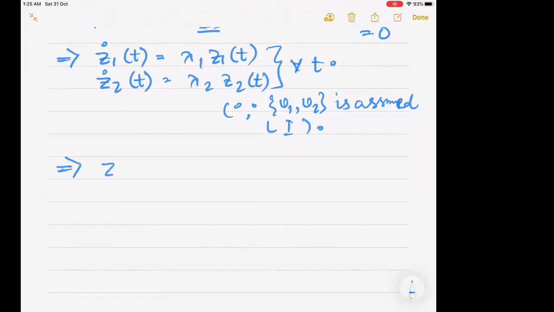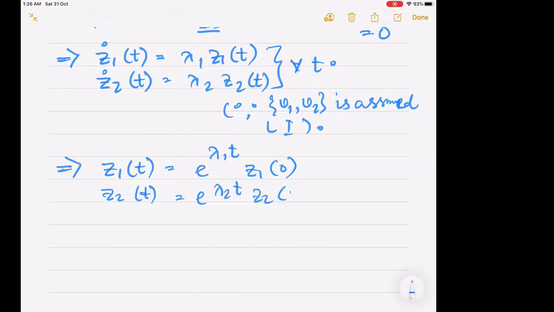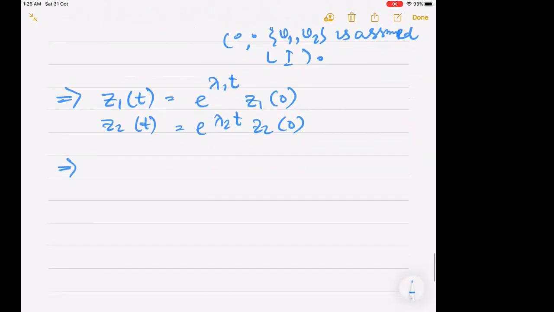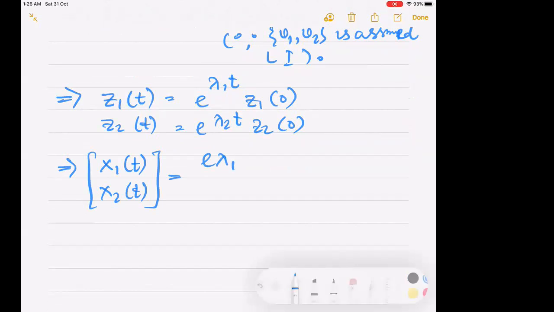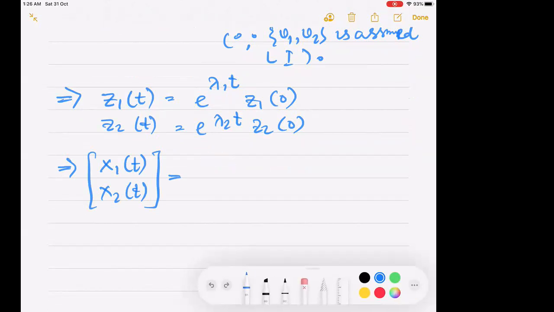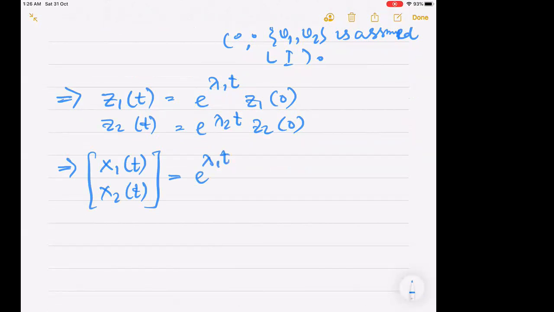Indeed, the solution here is z1(t) equal to e to the power lambda 1 t into z1(0), and z2(t) is equal to e to the power lambda 2 t z2(0), which tells me that the solution x1(t), x2(t) is going to be nothing but e to the power lambda 1 t into z1(0), which is a scalar, into v1 the vector, plus e to the power lambda 2 t z2(0) v2.